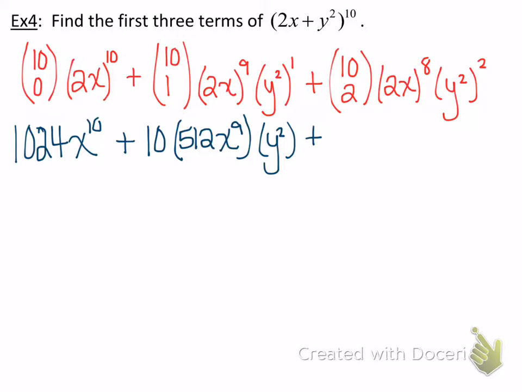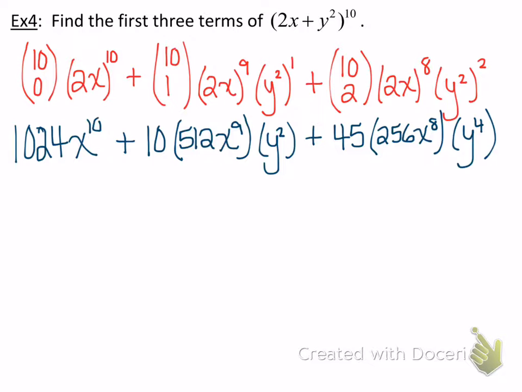Then we have plus 45, which is 10 choosing 2, times 2 to the 8th, which is 256, x to the 8th. And then y squared squared, you're going to multiply those two, and you're going to get y to the 4th.